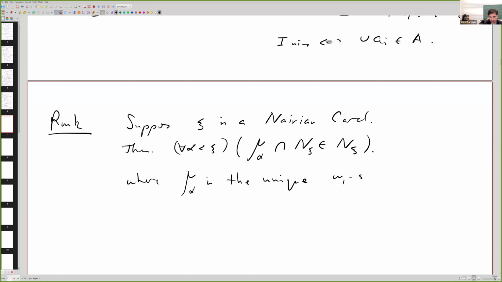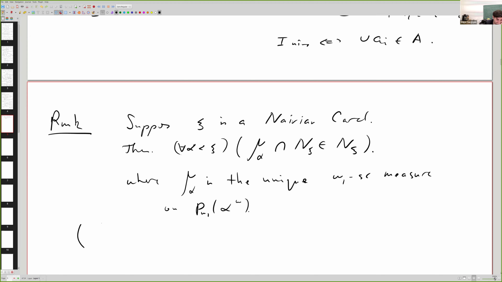Omega 1 supercompactness measure on P omega 1 alpha to the omega. The reason being, I mean, this uses some determinacy, but the point is this.